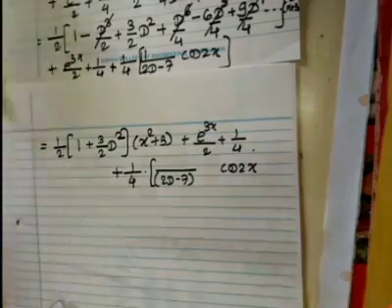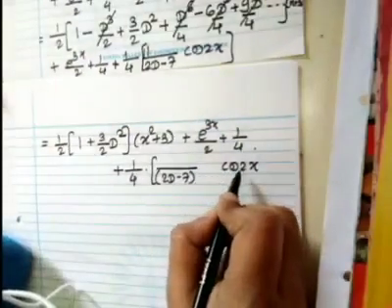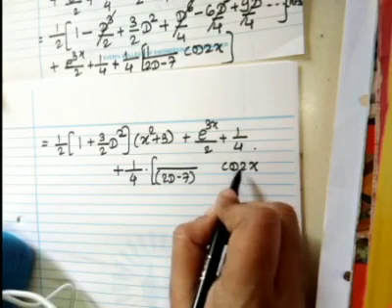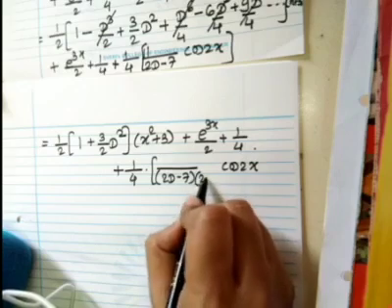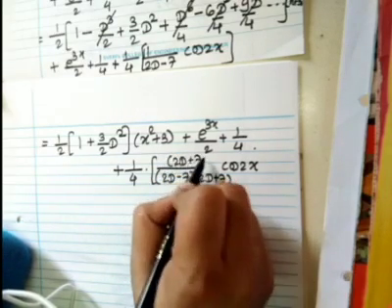What should we do here? Yes, rationalization. That is, cos case is D square in the denominator, so we have 2D plus 7, 2D plus 7.